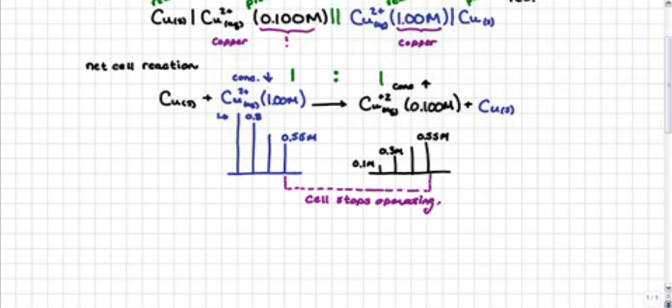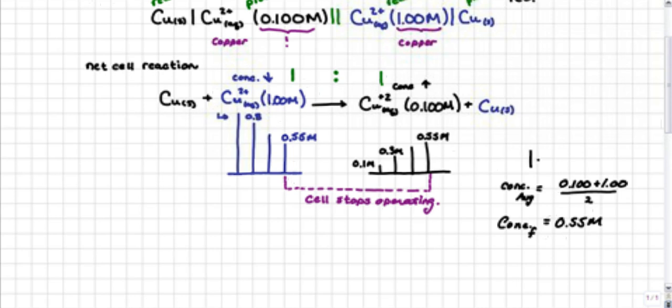A simple way of determining the final concentration, as long as it's a 1-to-1 ratio, is simply to average the two concentrations that we had to begin with. And so the average concentration is equal to 0.100 plus 1.00 divided by 2, and that comes out to be 0.55 molar, the final concentration, at which point the concentration cell stops operating.